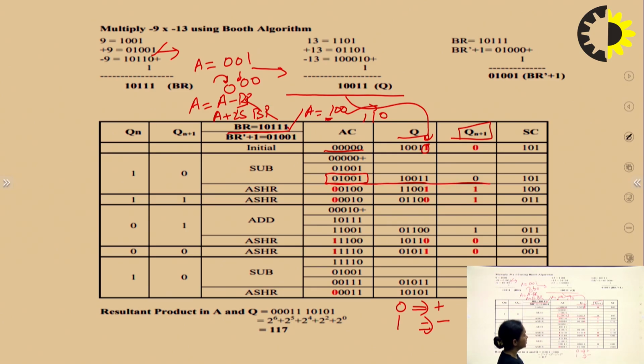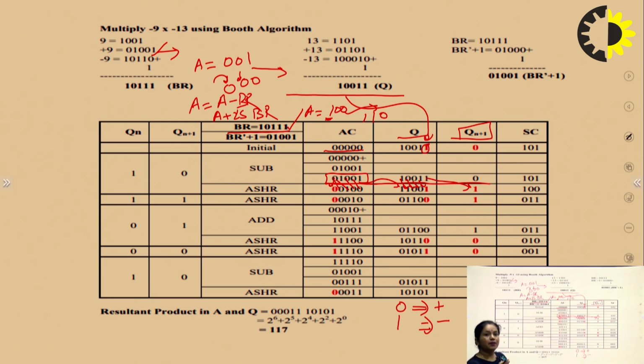Let's do it. So this one will go over here, this one will come over here, and this value will come over here. Now 0 0 1 0. Which value will we insert? The same value will be inserted.